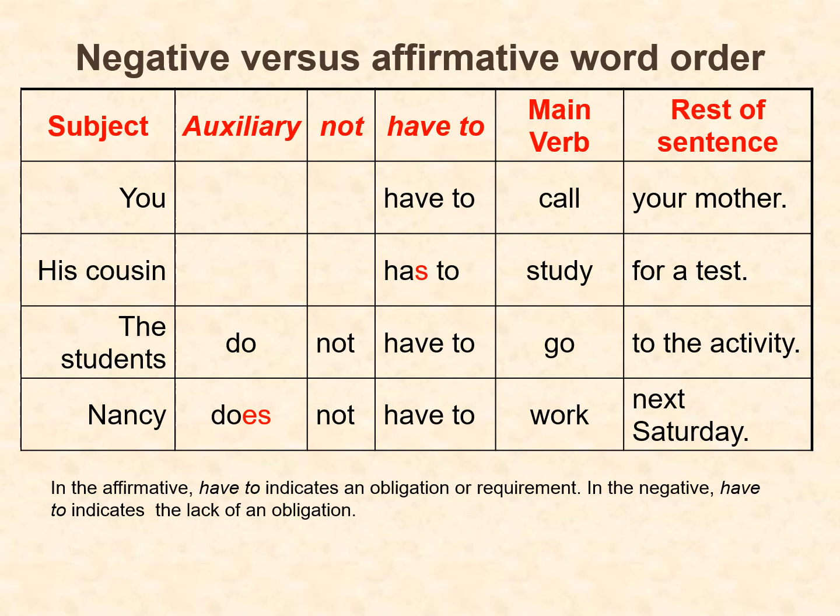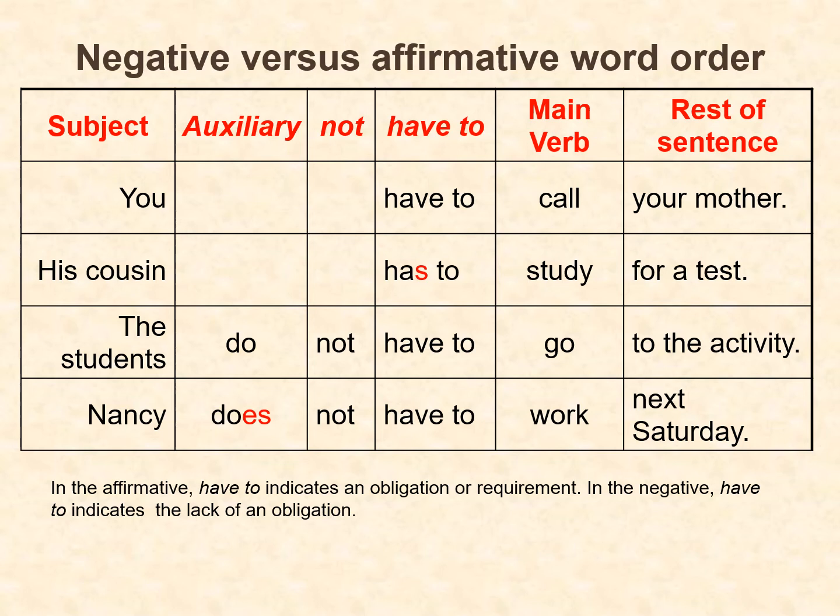So since there is no auxiliary, we put in one. Whenever we need an auxiliary and there is no auxiliary, we use do or does in the present. So we get this, the students, auxiliary do, then the negative not, then have to go to the activity.